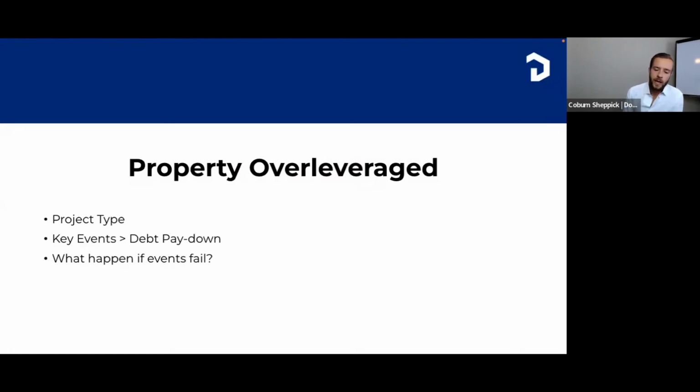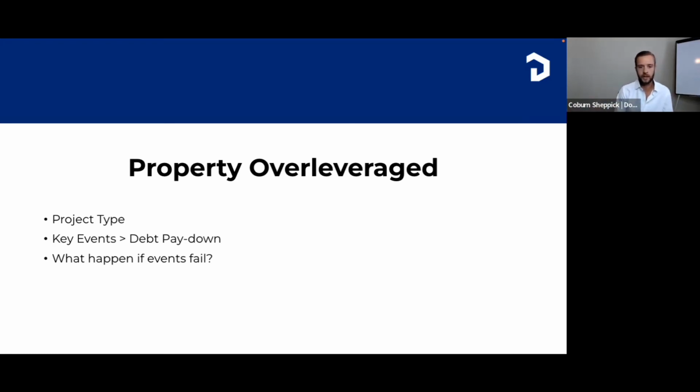Property being over leveraged is a big one. Over leveraged is a common term which we don't like, obviously. Over leverage usually comes from the project type along with the key events failing. For example, in construction, depending on the deal and how it's structured, when certain events happen, such as constructing this amount, that could buy down the debt.